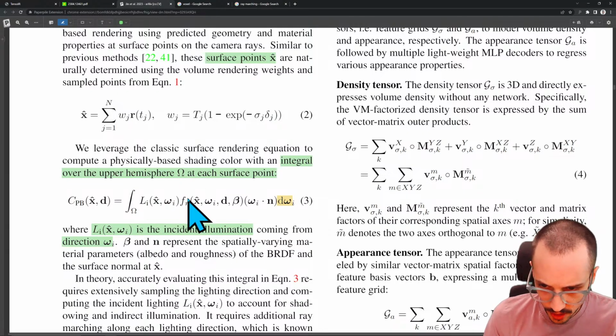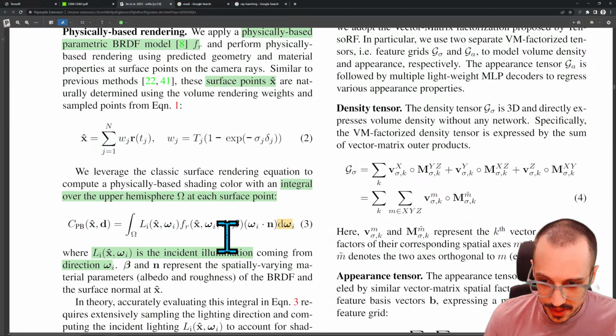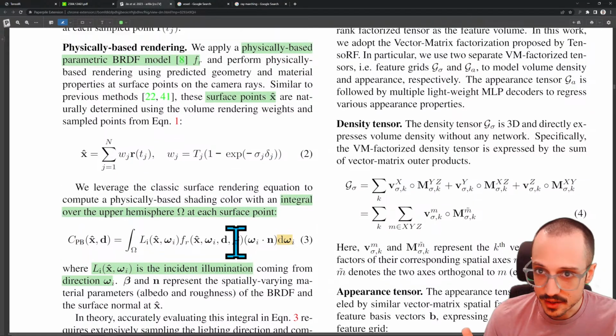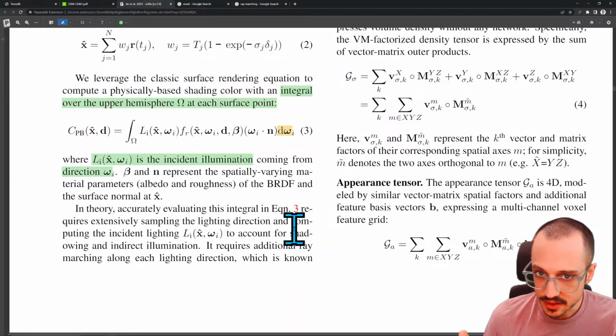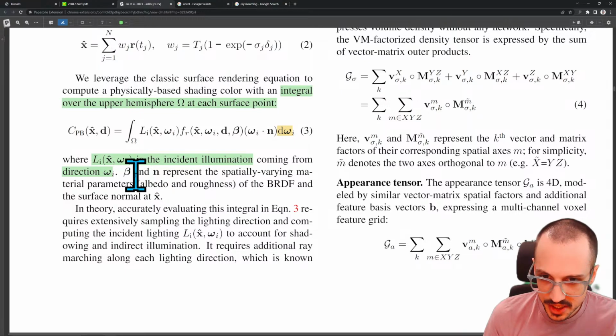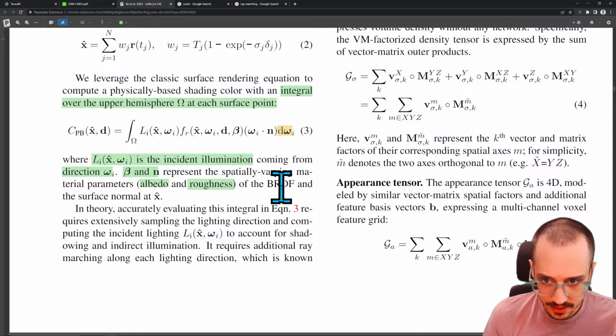You have f_r, which is the actual physically based rendering, and this is a function of the surface point, the direction of the light, the view direction, and then beta, which is, what is beta? What did they tell us with beta? Beta and n represent spatially varying material parameters, so albedo and roughness. These are two standard parameters in a BRDF material property, right?